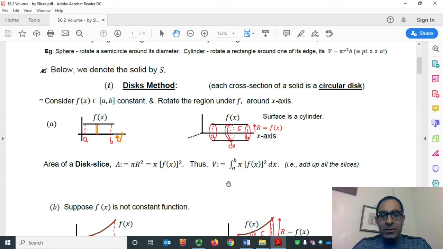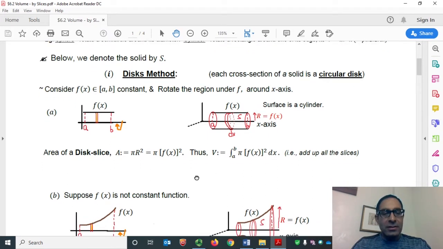Thus the volume equals the definite integral of pi f(x) squared from x equals a to b. Great. So to compute the volume of the cylinder in this particular case, we chopped the cylinder into tiny slices, approximated the volume of each slice, and then added them up.